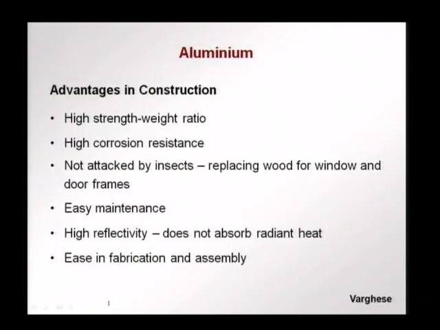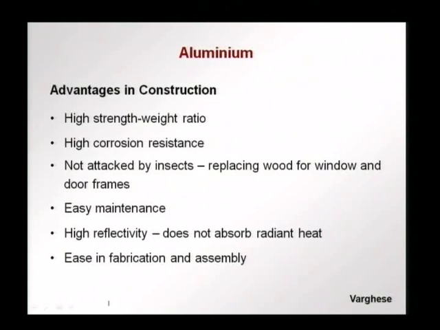The general advantages in construction of aluminum, which is making aluminum be used more and more, is the high strength to weight ratio. As we saw, it is quite light and it is reasonably strong. So, the strength to weight ratio is in favor of aluminum.